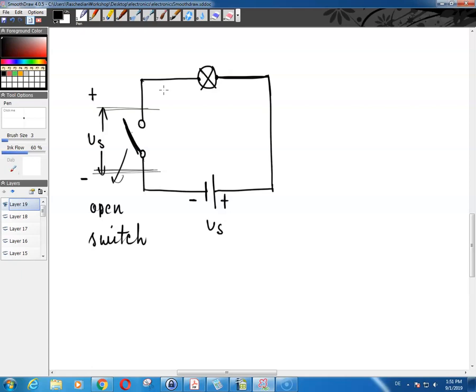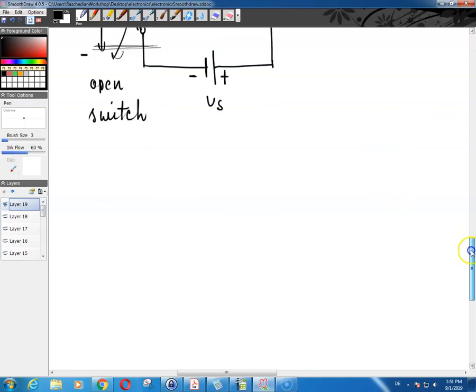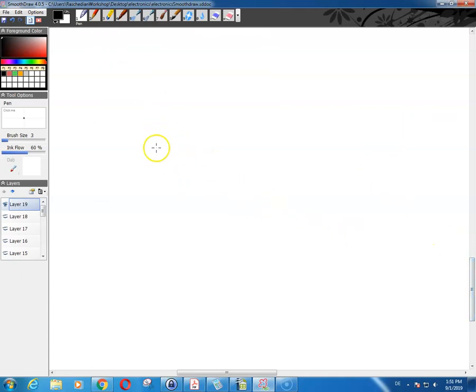Now, suppose that you have a circuit over here. You have a power supply over here, 10 volts, going to a switch which is closed, and then this goes to a 10 ohm resistor, and this goes to the other end of the battery.